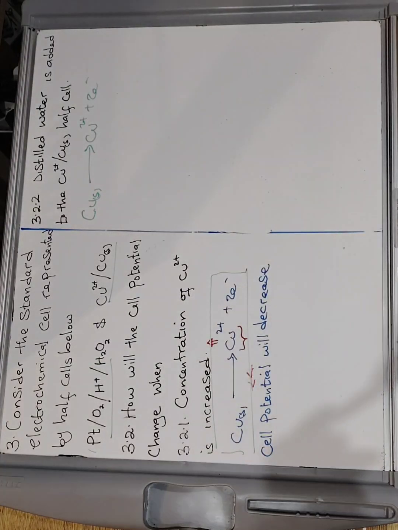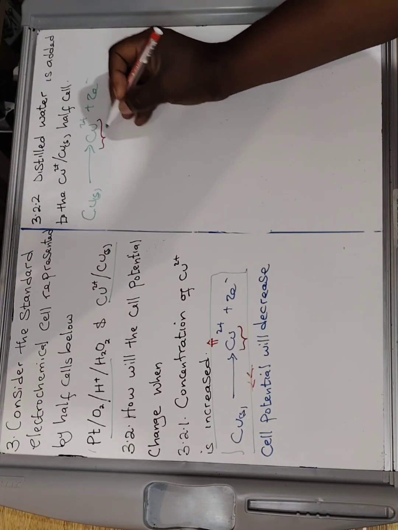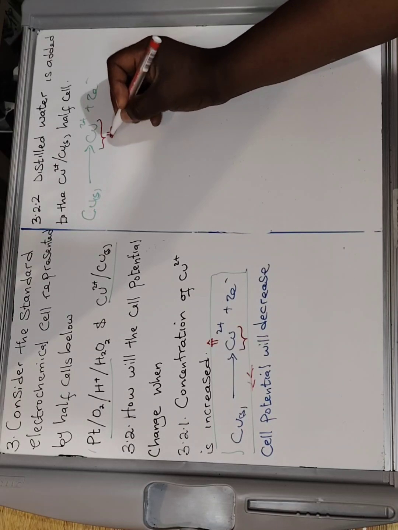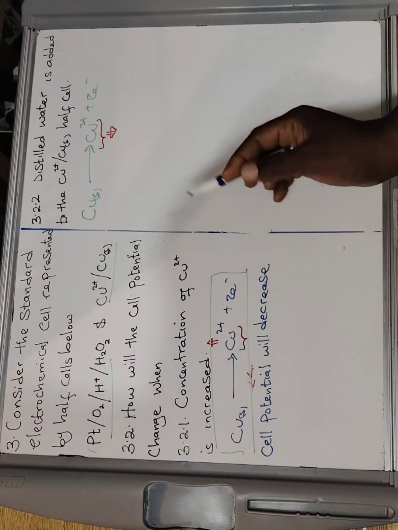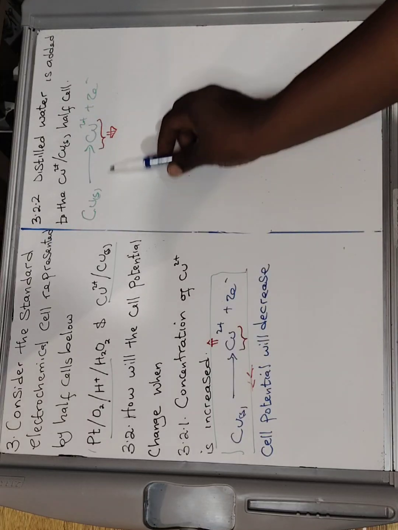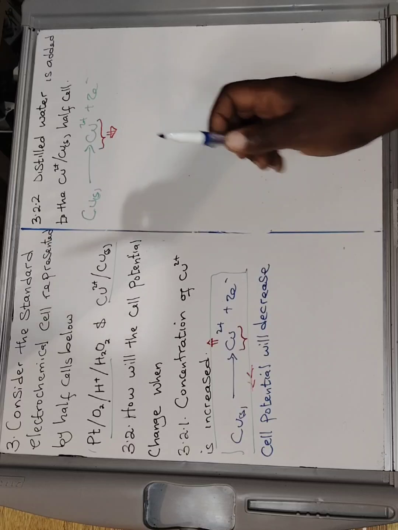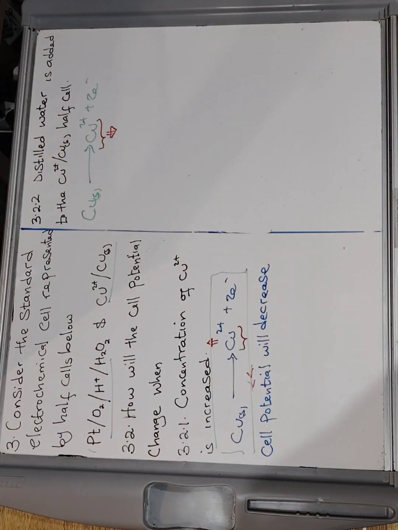What is the impact of adding distilled water? The impact is reduction in concentration of copper ions. And when you borrow knowledge from equilibrium, from Le Chatelier's principle, withdrawal of copper ions favors the forward reaction to form them, because according to Le Chatelier, the equilibrium does not want to be disturbed.